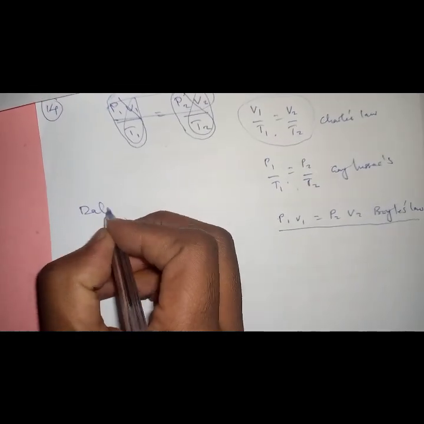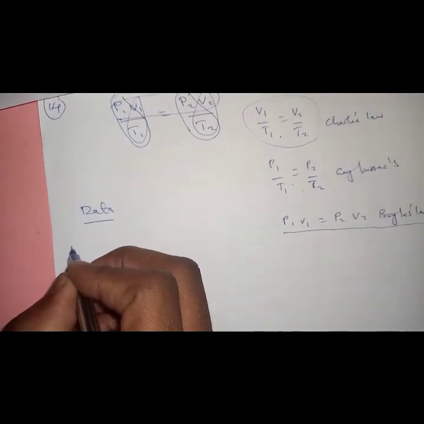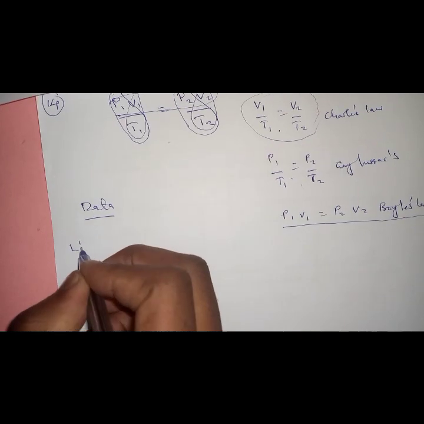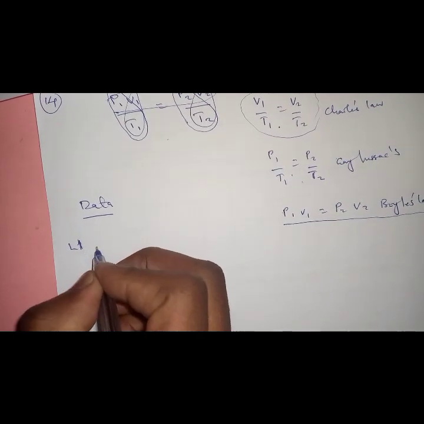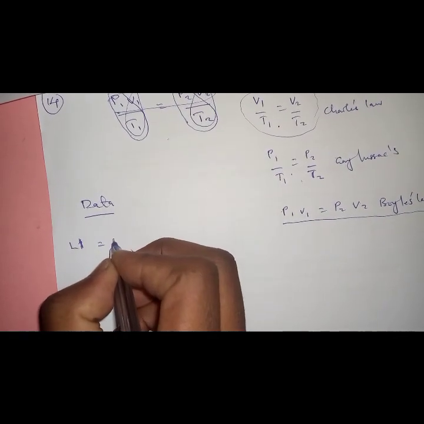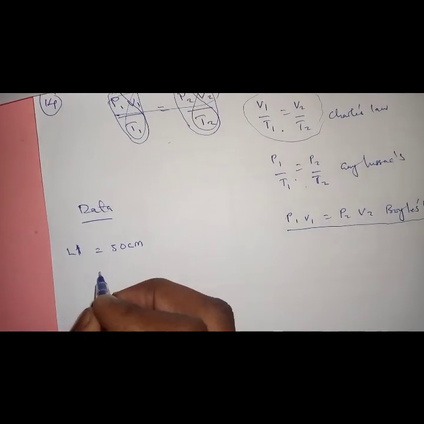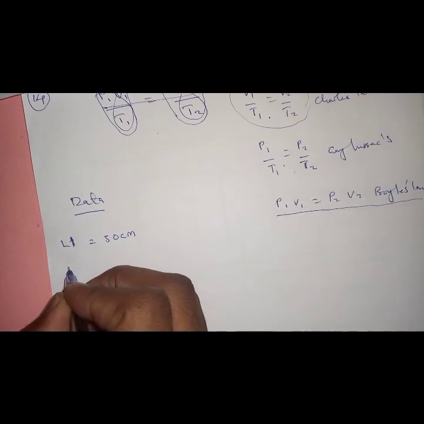Yeah, so data, what do we have? We have L1, I'm trying to write L1 is equal to 50 centimeters. That's the length of the column, the gas column.